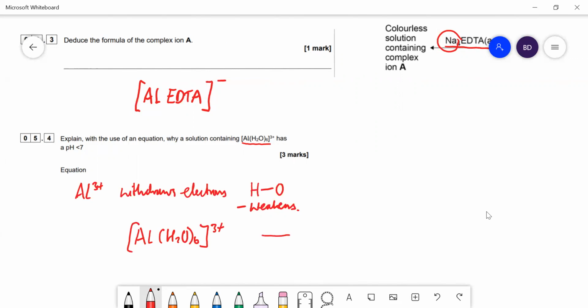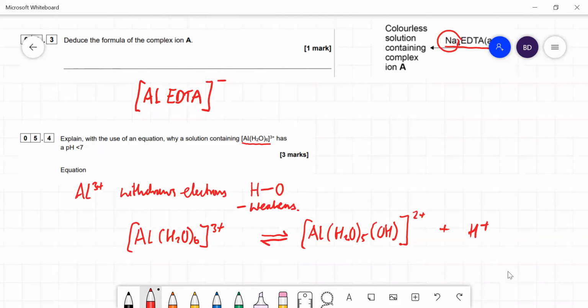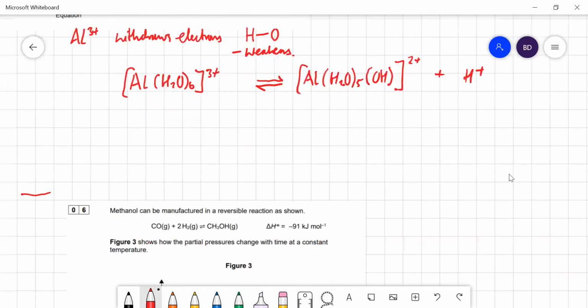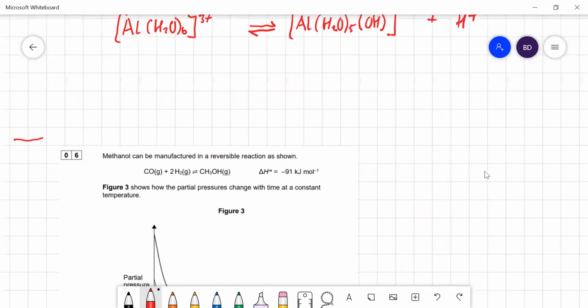Each of those is going to lose a proton to form Al(H2O)5OH 2+, which will have a 2+ charge, and you're going to release a proton. Maybe give that an equilibrium arrow. It's acting as a weak acid. Okay, that's the end of that question.